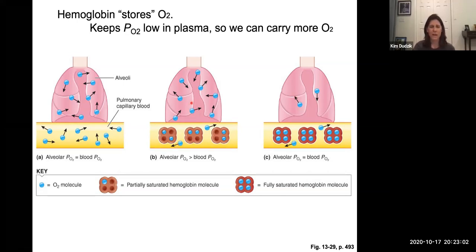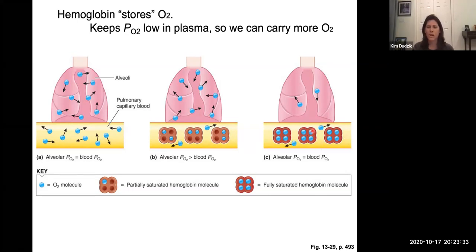And that's what happens. So the oxygen that's still up in here can continue to move across. And so now we're actually carrying 12, 14 molecules of oxygen, compared to if we didn't have red blood cells, the plasma could only handle about 8. And in truth, these two would also probably diffuse across, because again, we're pulling the pressure out of the plasma by storing it in the red blood cells, keeping it low in the plasma.